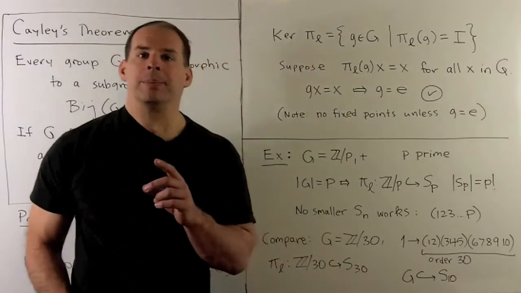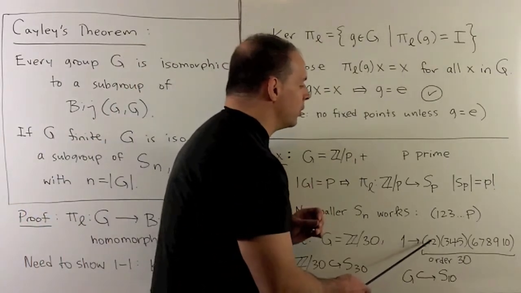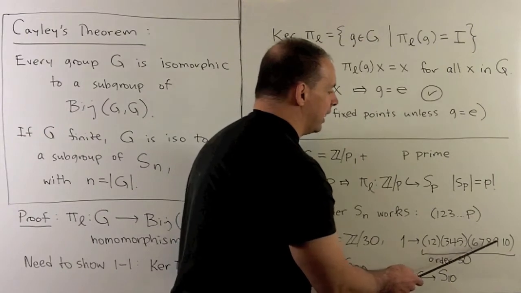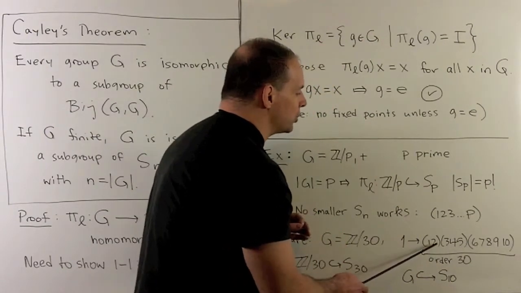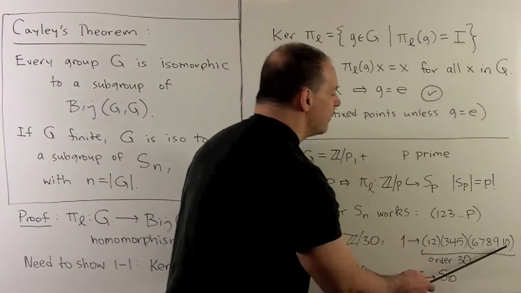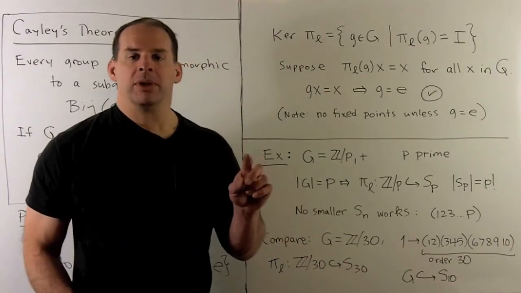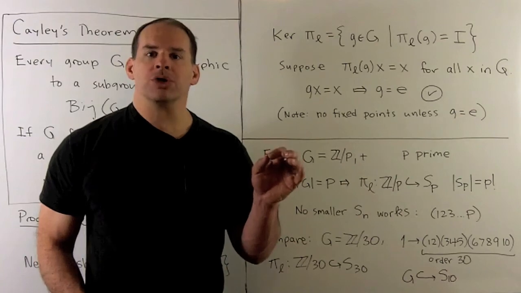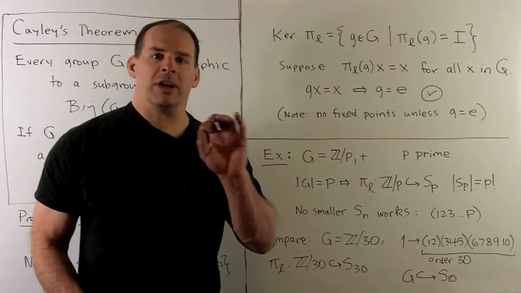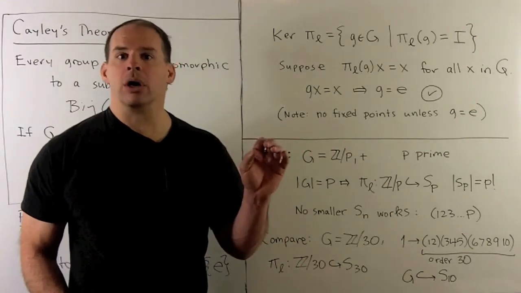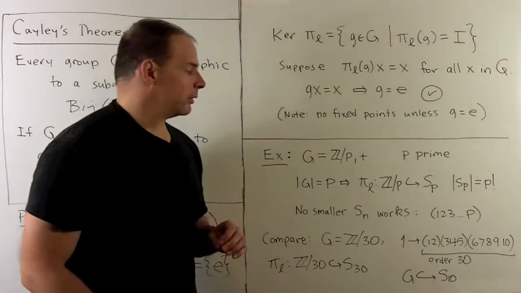The way I get that, I'm going to take the 2 cycle (1 2), the 3 cycle (3 4 5), and the 5 cycle (6 7 8 9 10). So this has order 2, order 3, order 5, and these are disjoint, so they behave independently. So if we start raising the powers, the only way that we get all 3 of these to line up equal to the identity is going to be when we hit the 30th power. So order 30.